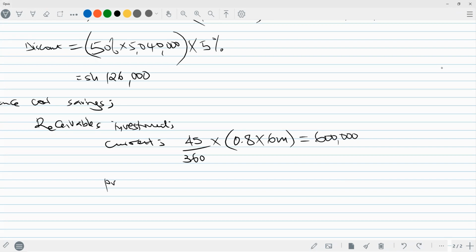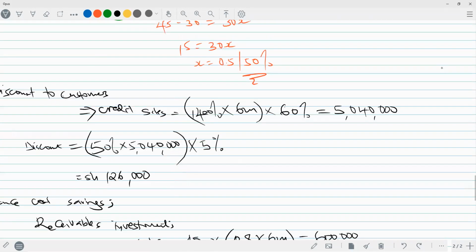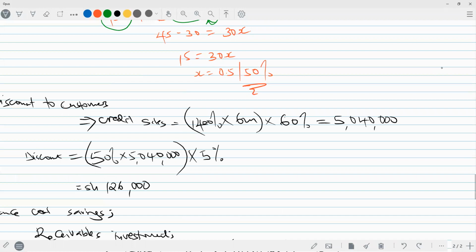If we implement the proposal, the days decrease to 30, so 30 out of the 60, we multiply by the sales on credit, and we were told the sales on credit will be equal to 60%. Yes, here it is. Okay, we already did this.